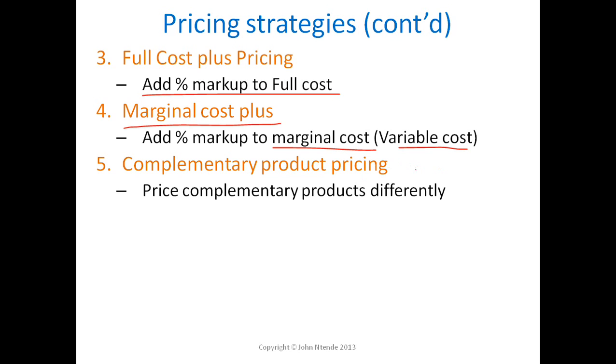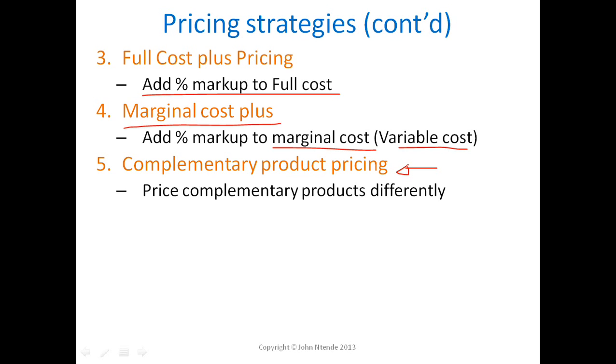There's something called complementary product pricing. Complementary products are products which are used in combination. A simple example would be a toothbrush and toothpaste. So this could be considered as complementary products. The idea is that if you're marketing these two, you charge different prices for each.